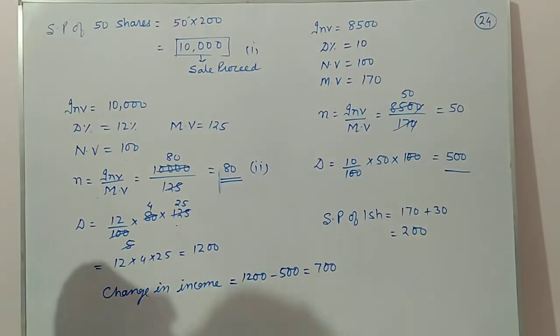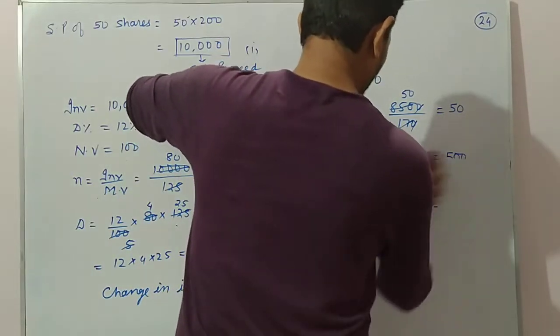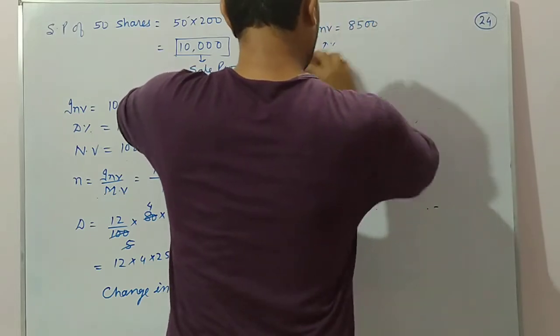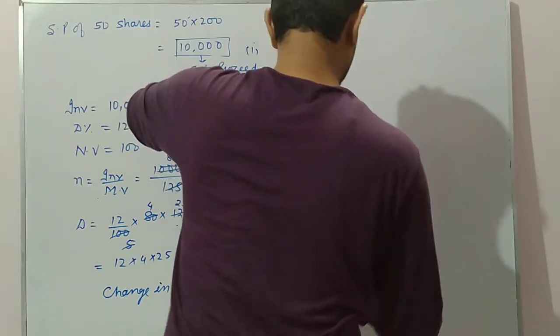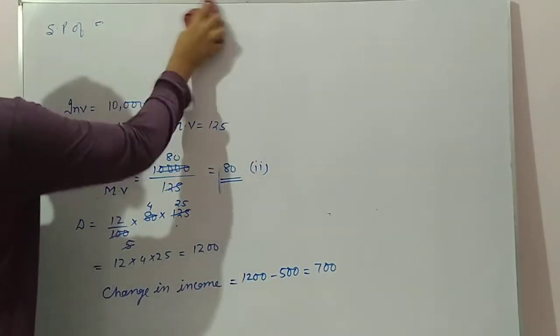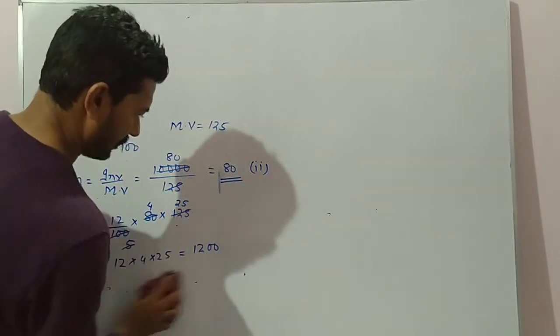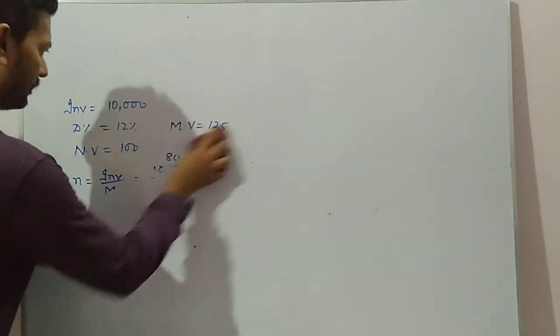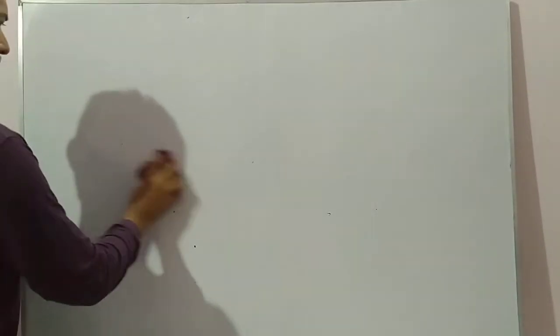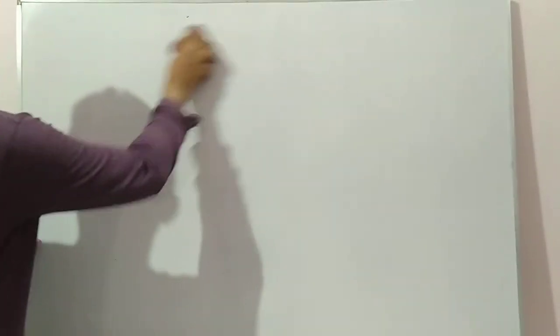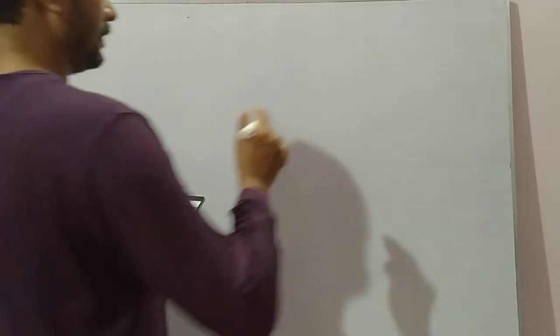Question number 25. It is given that a person invests 4368 in buying certain 100 rupees shares at 91.25.